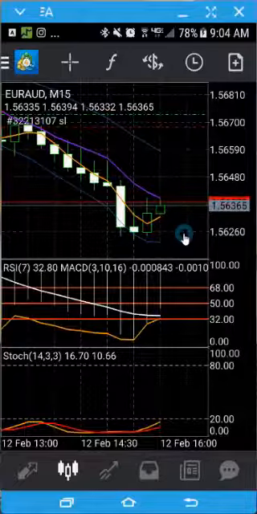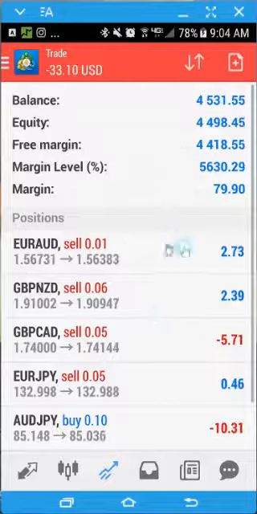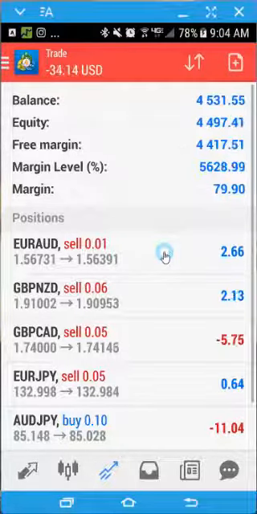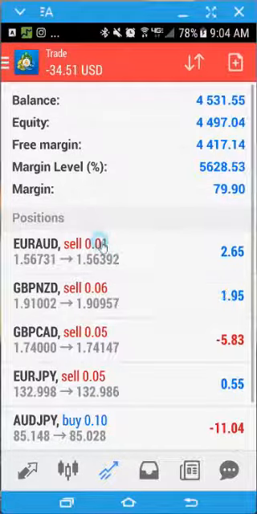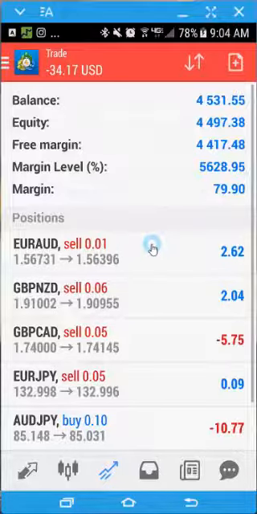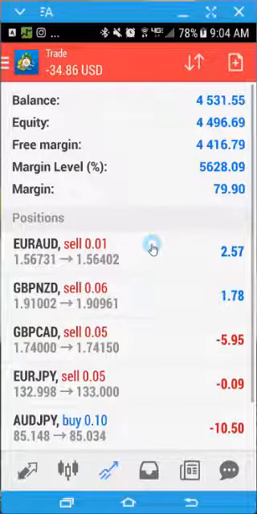But that's it, guys. That's what it means by taking partial profits and moving your stop loss to break even. You're taking partial profits, part of this lot size, but you let the remaining lot size open, right? So you're taking some profit.